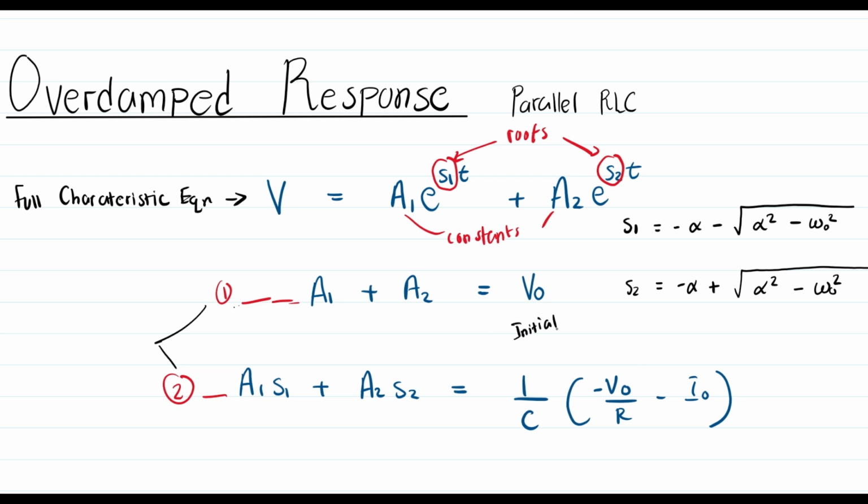So A1 plus A2 will be equal to the initial capacitor voltage. And also we're going to have the initial capacitor voltage there. And then we are going to have IO, which is the initial inductor current.